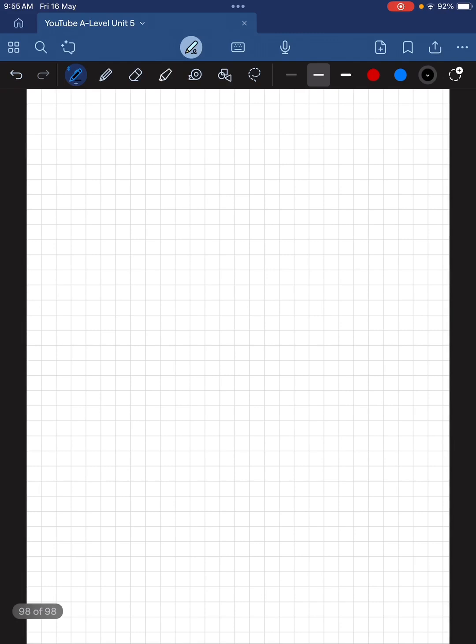I will need a clean page. In another 1/4 of a period, for a total of 3/4 of a period, it's going to make it all the way to the left. So this is 3T over 4, and the displacement is minus A, which is the maximum displacement to the left, and it's going to be moving to the right now.